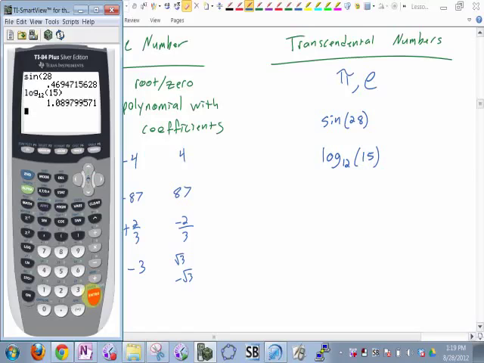If you plug nice numbers in, it's probably going to output transcendental. Not always. In fact, if you plug the number pi into sine, it outputs 0, which is not transcendental. So it's kind of interesting how they don't always output transcendental numbers, but lots and lots of them are transcendental.